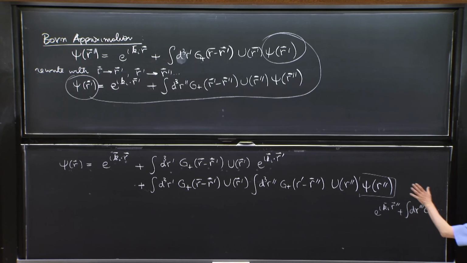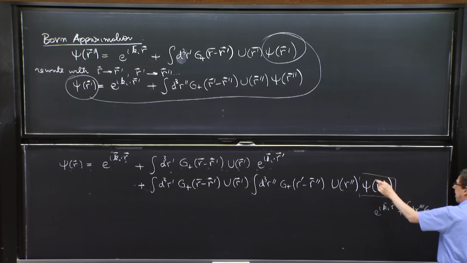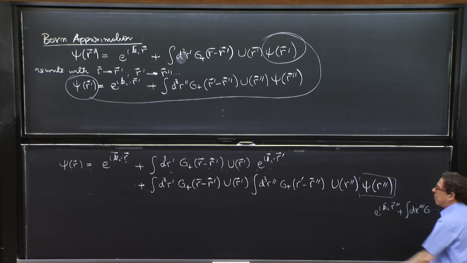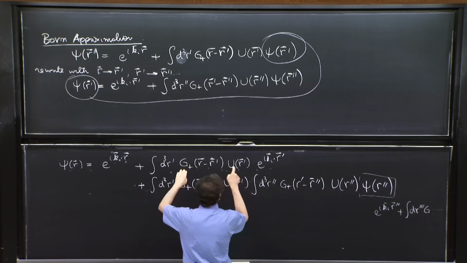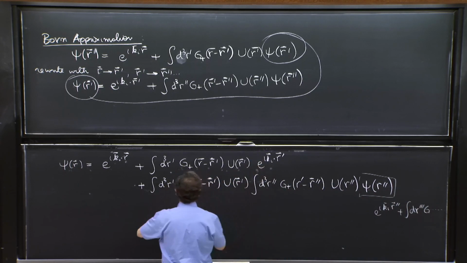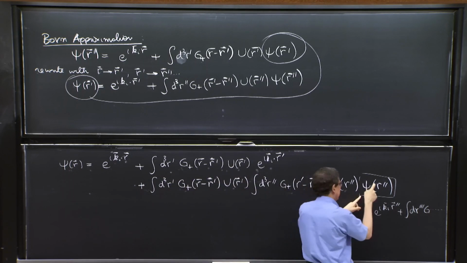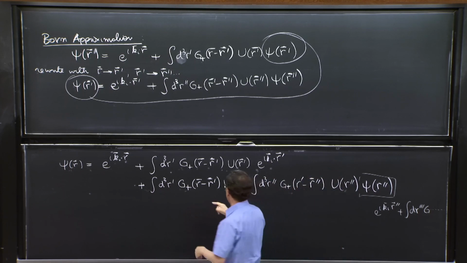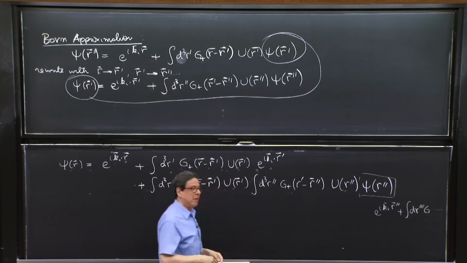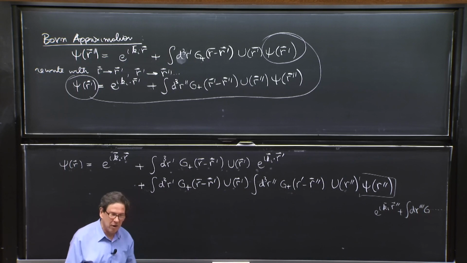And then here you would have an e to the i ki r double prime, and then more terms and more terms. So I can keep doing this forever until I have this integral g plus u incident wave, and here I have g plus u incident wave, and then I will have g plus u incident wave, and it will go on and on and on.